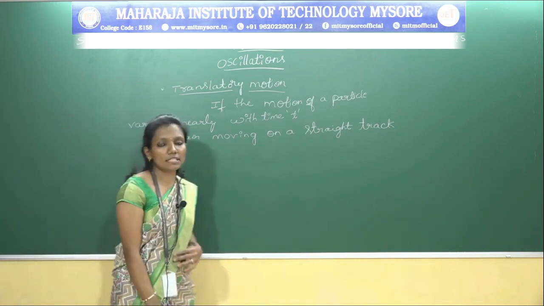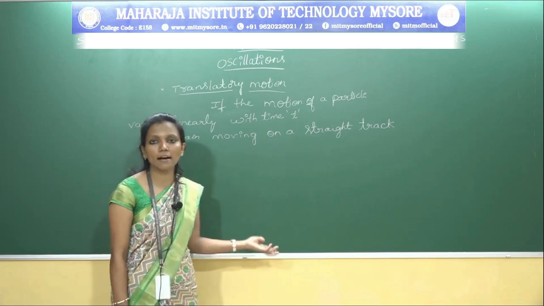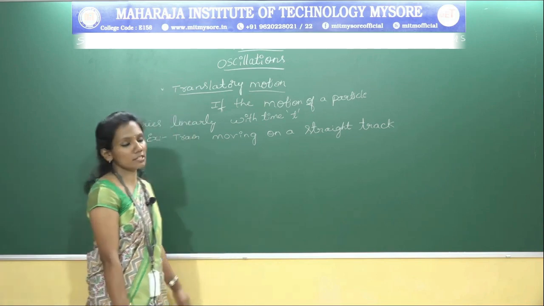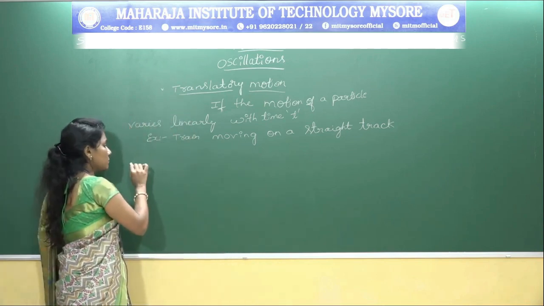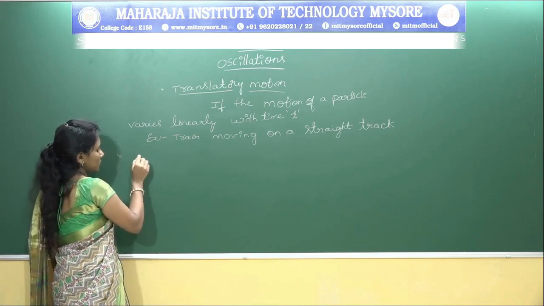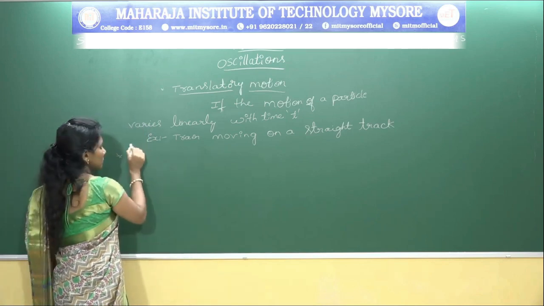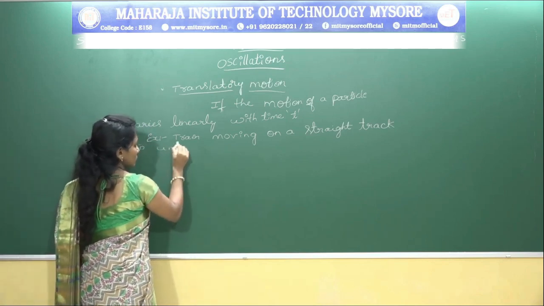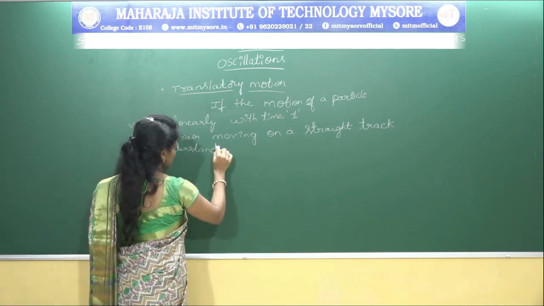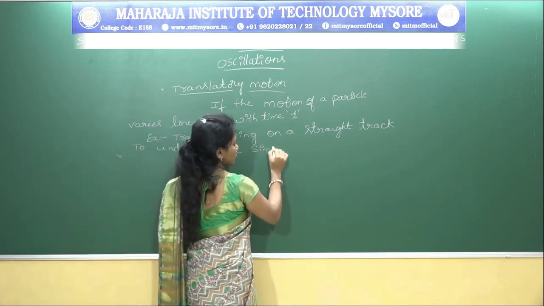The next is oscillatory motion. To understand oscillatory motion and simple harmonic motion, the main thing we have to first understand is periodic motion.